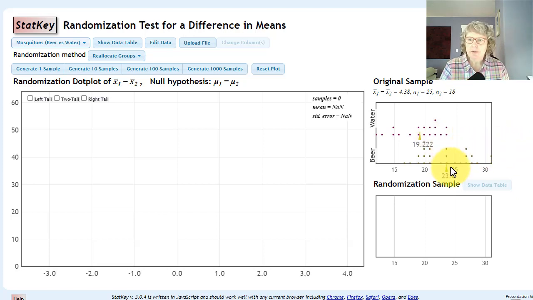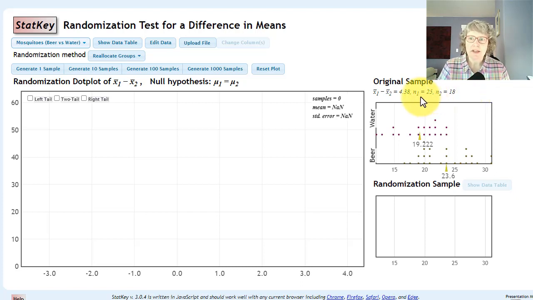We have our two sample means, and then under the original sample here, it says x bar 1 minus x bar 2 equals 4.38. N1 is 25 and N2 is 18. Now, remember how I was saying it's important to use the letters for the groups? This app doesn't do that because it doesn't change its notation based on the data set. So we need to figure out which is which and then make sure we know which is which.